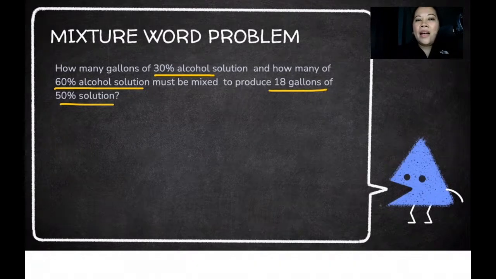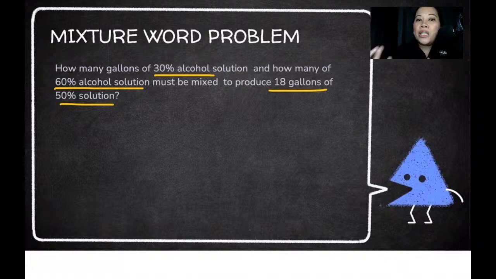So if you interpret this, you have 30% and 60% combine to make 50%.